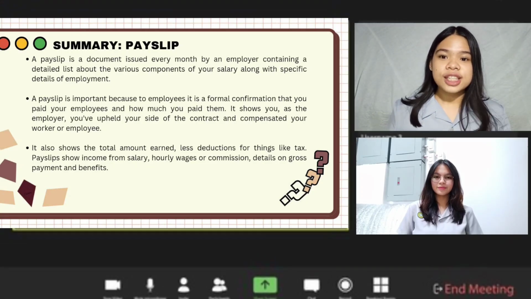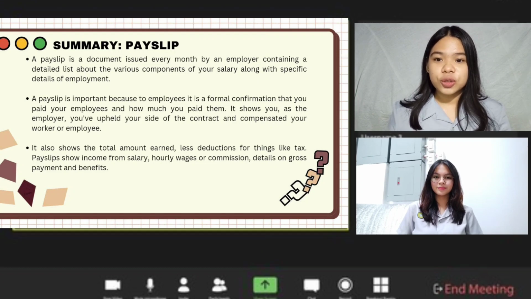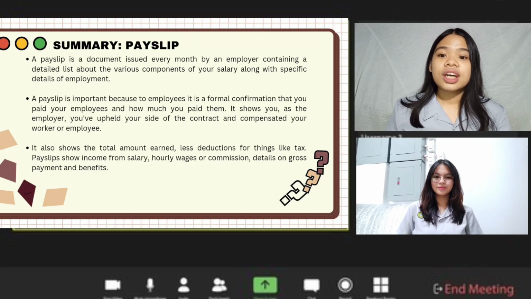Now, let's summarize all that we have learned to remember them easily. A payslip is a document issued every month by an employer containing a detailed list about the various components of your salary, along with specific details of employment. A payslip is important because to employees, it is a formal confirmation that you paid your employees and how much you paid them.